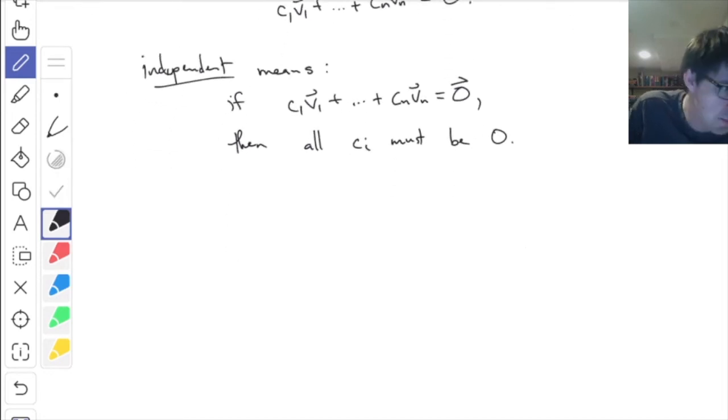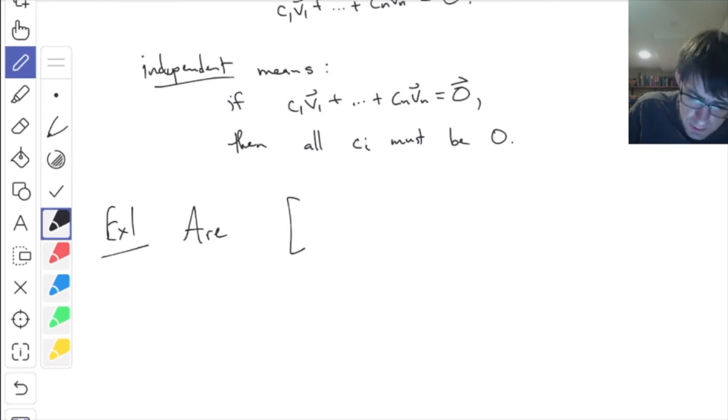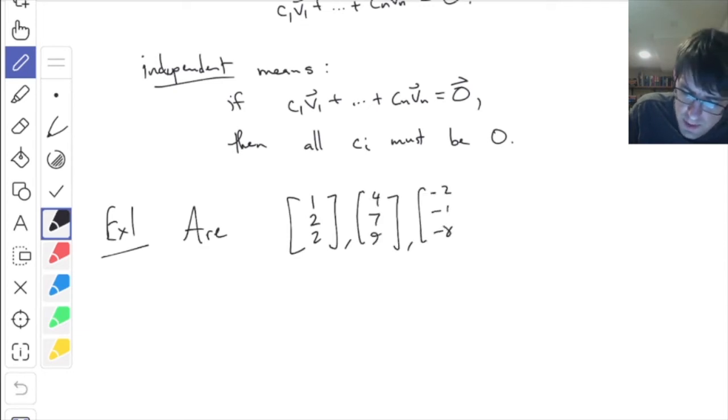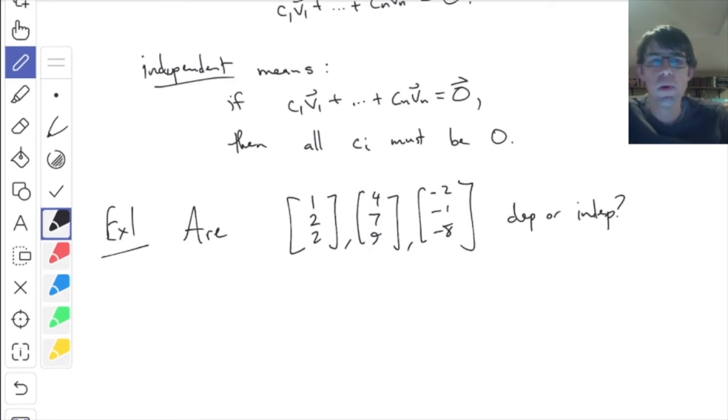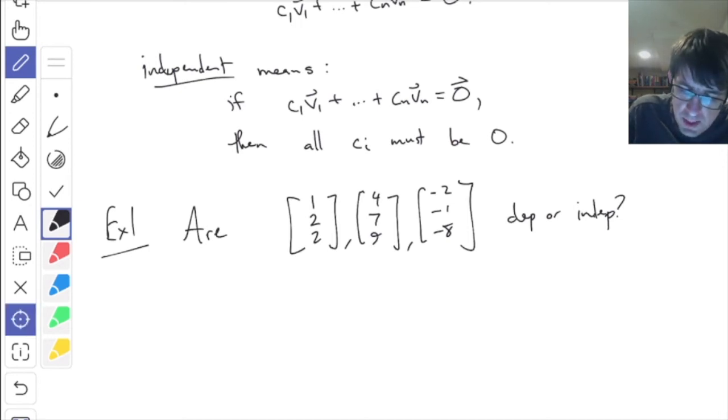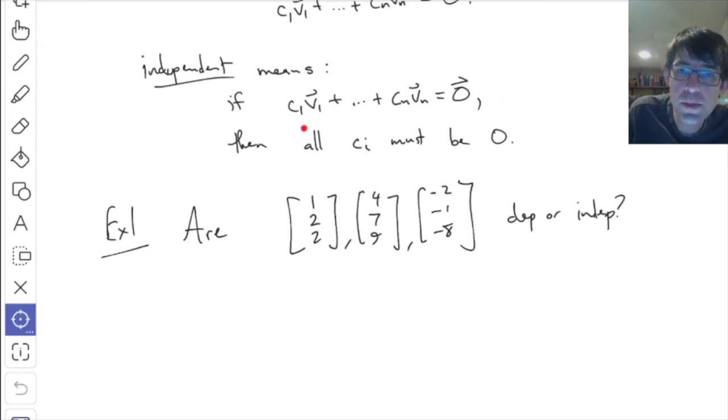So, for example, here's an example. Are these independent or dependent? 1, 2, 2, 4, 7, 9, minus 2, minus 1, minus 8. Are they dependent or independent? We're just going to check. We set up a linear combination like this, adding them all up to 0.